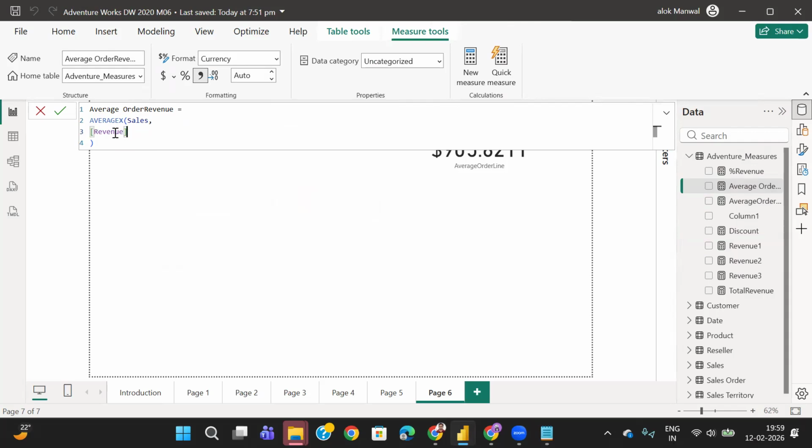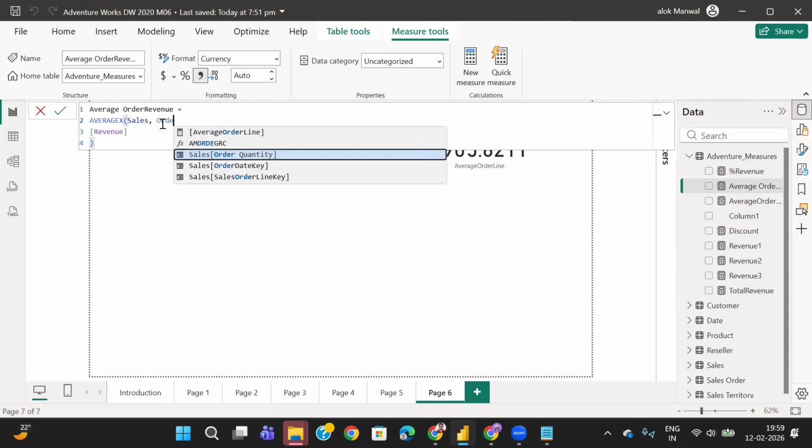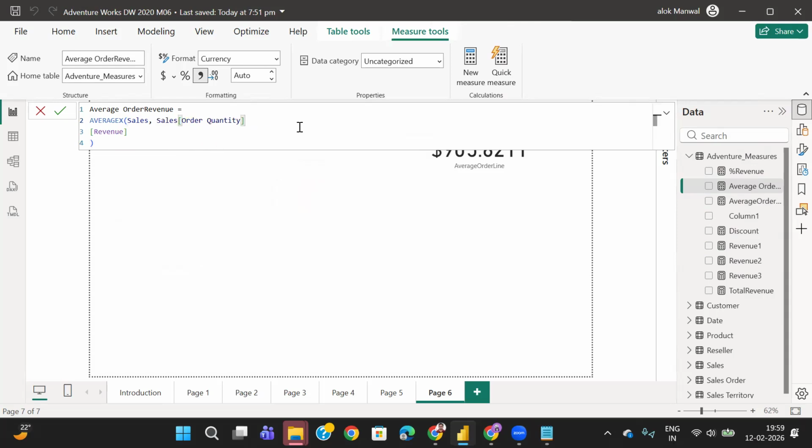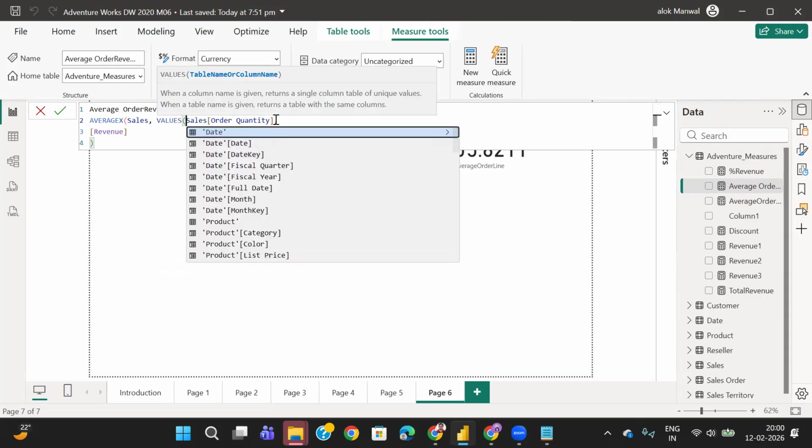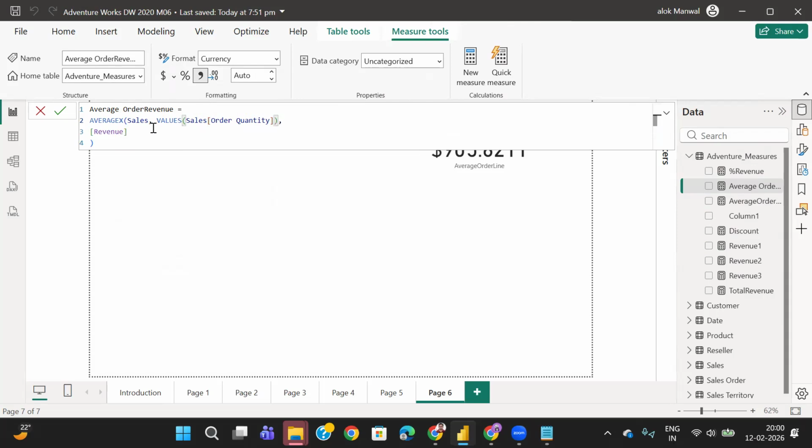So I'm putting the orders, but it will not take order this way. What I need to do is put the values, because it's already a text name.